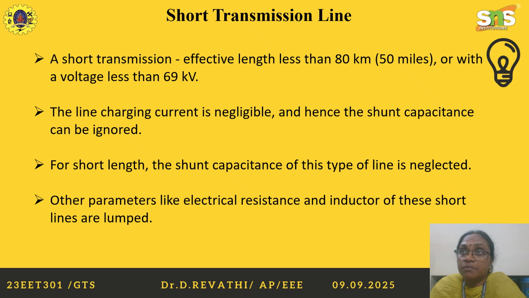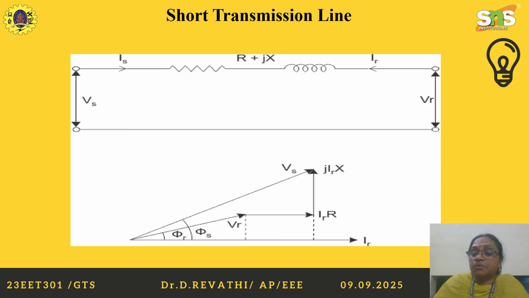For the lumped circuit, we can draw the vector diagram. See the vector diagram here. Vs is the sending end voltage, Vr is the receiving end voltage, Is is the sending end current, and Ir is the receiving end current.